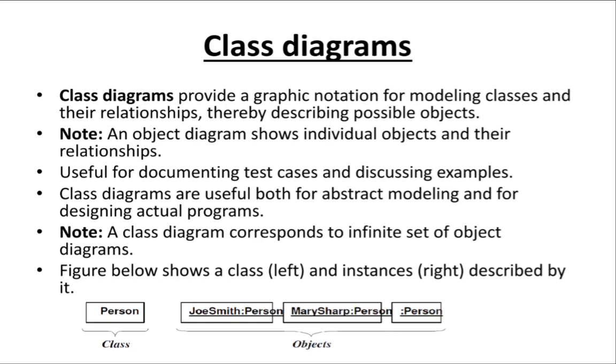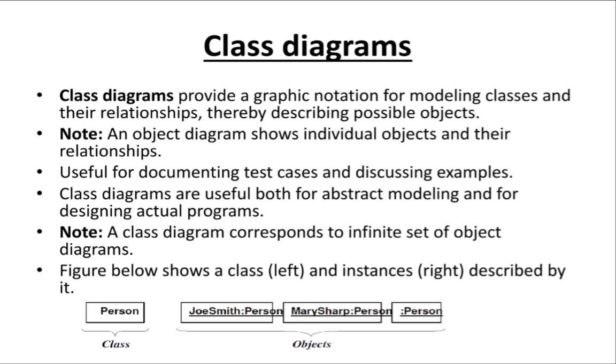So class diagrams give that information in the form of graphical notation. A class diagram provides a graphical notation for modeling classes and their relationships, so you can show the relationships between the classes and their details in the form of graphics, right? When I describe the classes, in turn I am describing the objects because a class is a set of objects, right? Getting, guys?